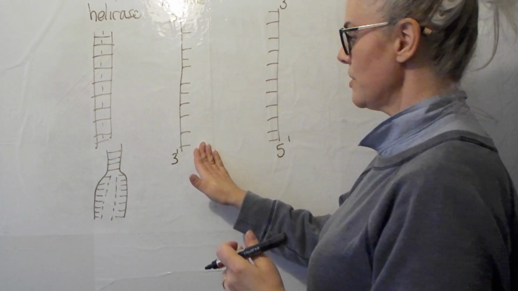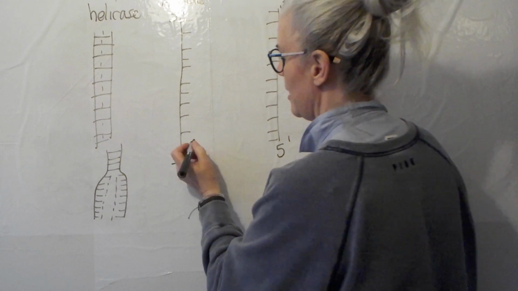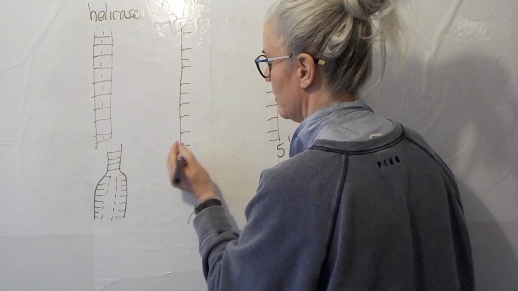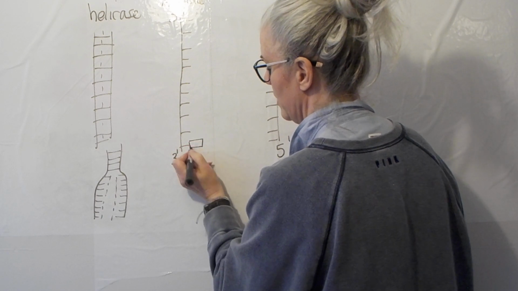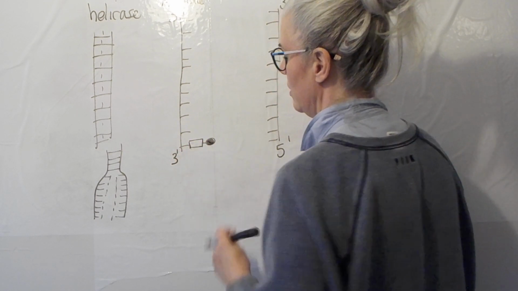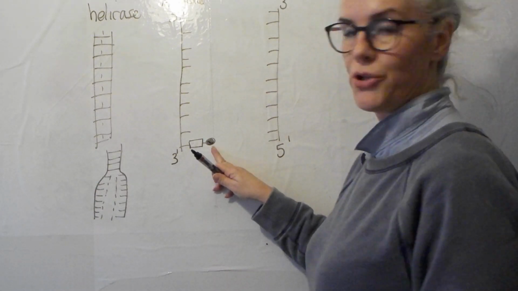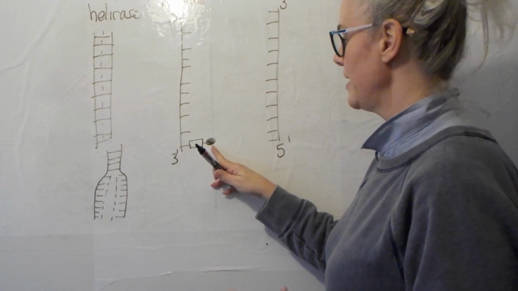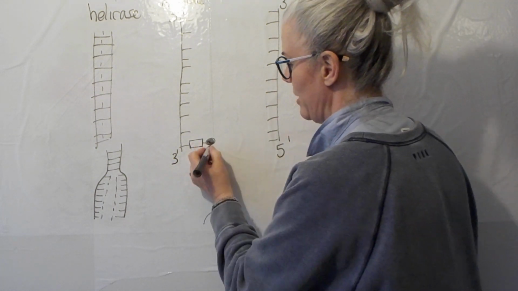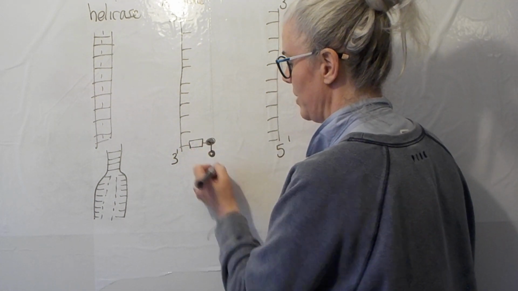Now, let's just put in a base. I'm going to draw the base, and I'm just going to do a coloured circle for the sugar. So that's the ribose. Now, where is our phosphate going to be? If that's the 3' end, that means our phosphate is sticking up here.